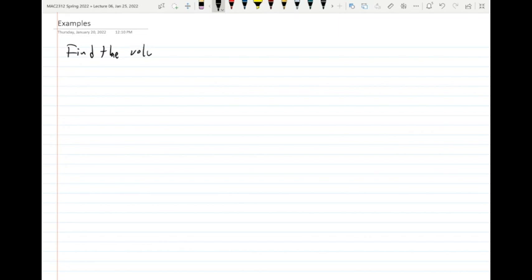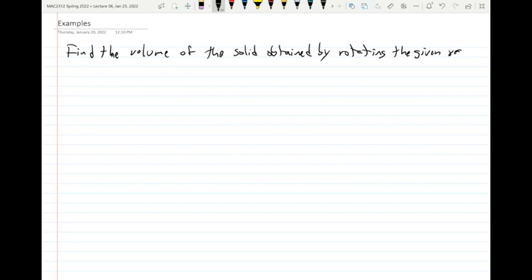So find the volume of the solid obtained by rotating the given region about the given axis.